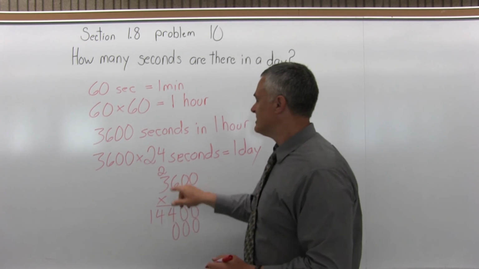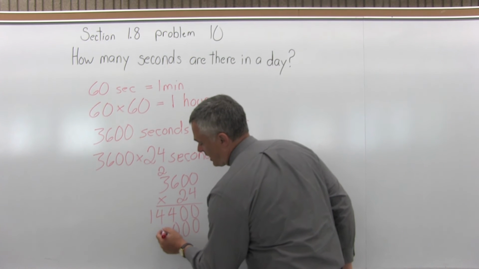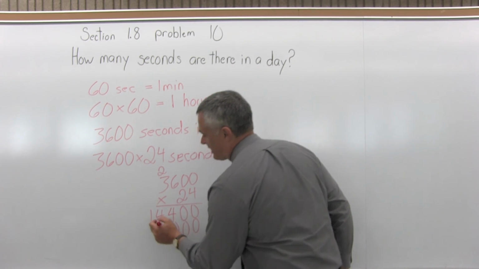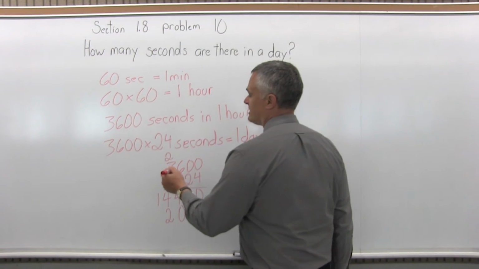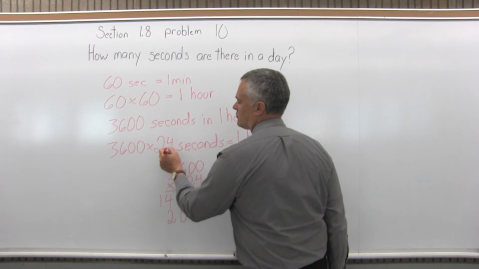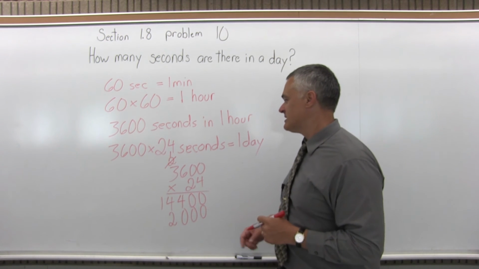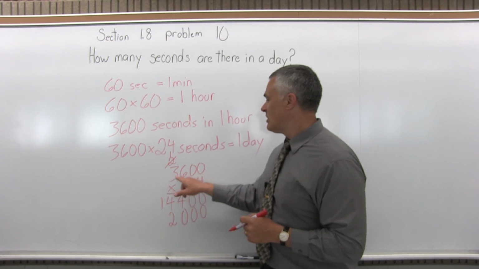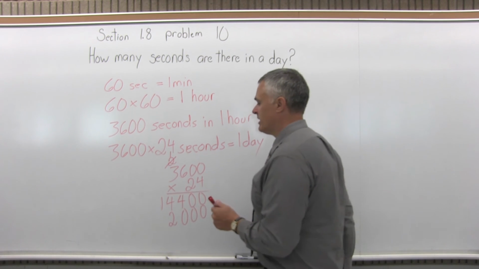Now 2 times 6 is 12. So I'll put the 2 from the 12 in the column that I'm working in and carry the 1 from the 12 to the top of the next column. Now there's a number that I carried from the previous step. I'll just cross it off and replace it with the one that I'm carrying from this step. Then I have 2 times 3 is 6 plus 1 more that I carried. 6 plus 1 more is 7.